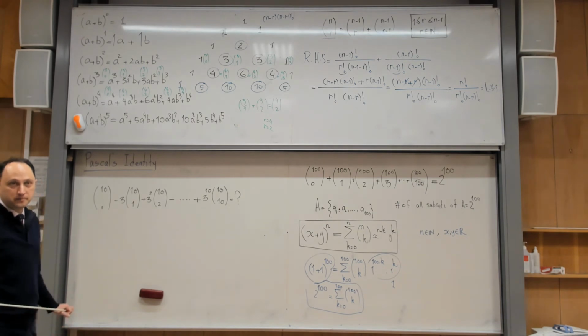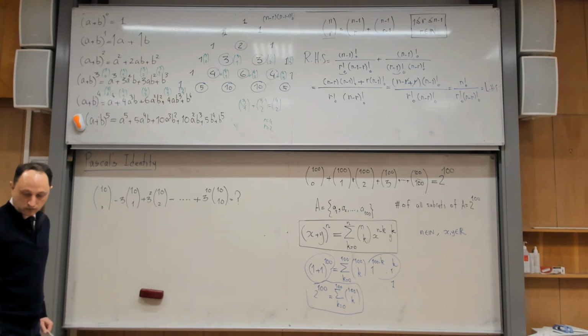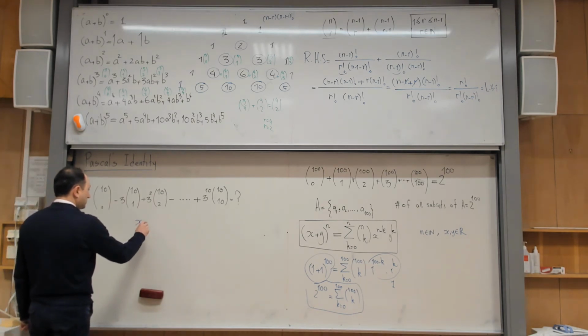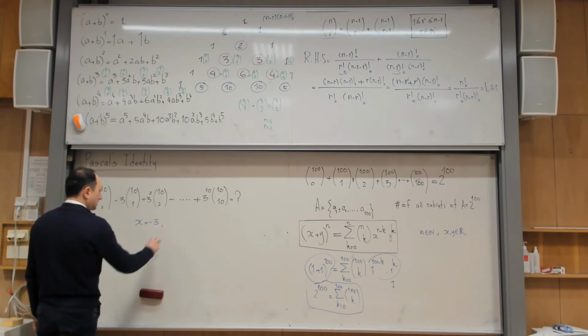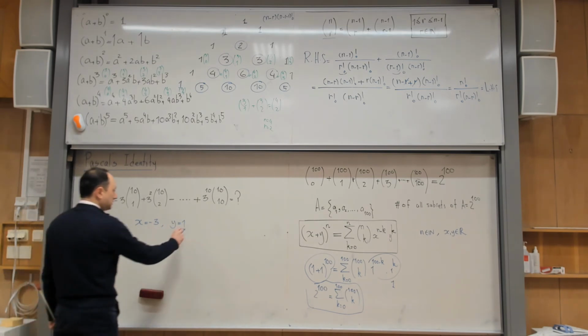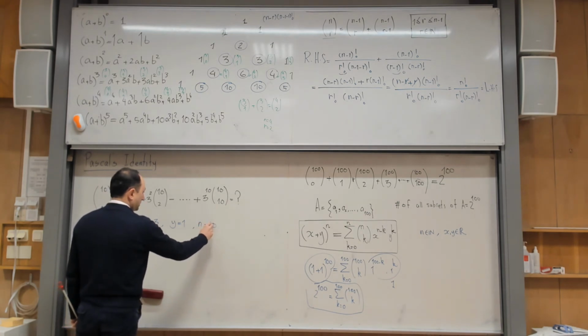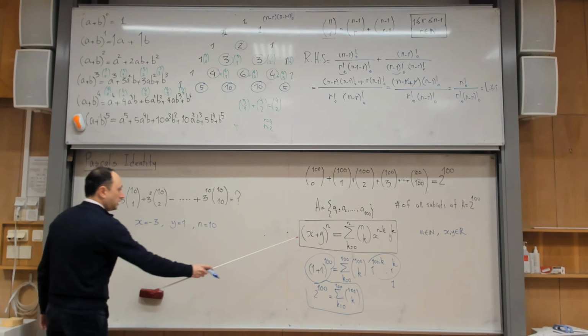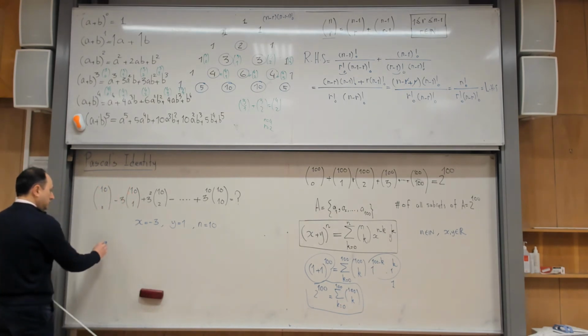Anyone else? Yes? So if you choose, for example, x equals minus 3, and y equals to 1. Let us see if it works. And n? n is 10. Okay, let us see, is it correct or not? Instead of x, I put minus 3.